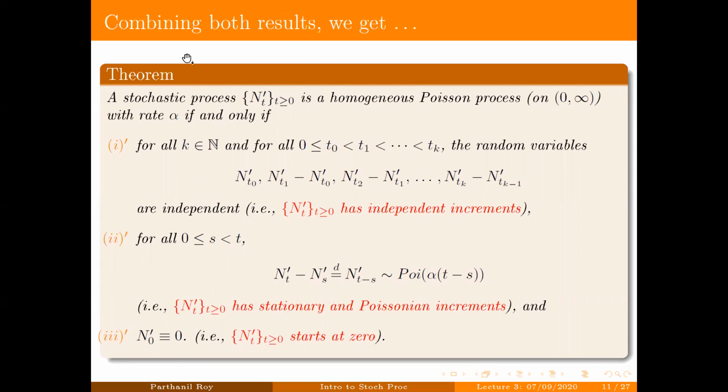this characterization result of homogeneous Poisson process, namely a stochastic process N(t), a continuous parameter stochastic process indexed by non-negative reals, is a homogeneous Poisson process on 0 to infinity with rate alpha if and only if the process N'(t) has independent increments like this, has stationary and Poissonian increments, which means this, and it starts from the point 0, namely N'(0) equal to 0.